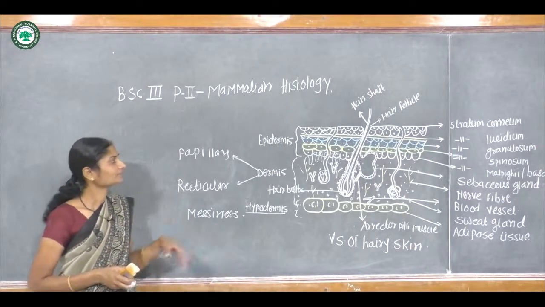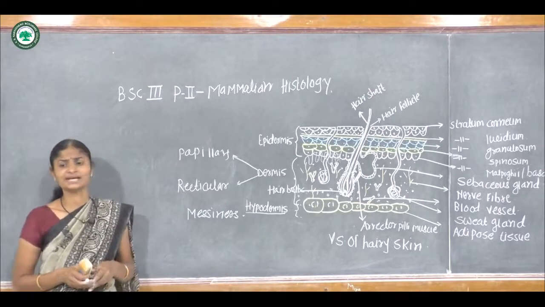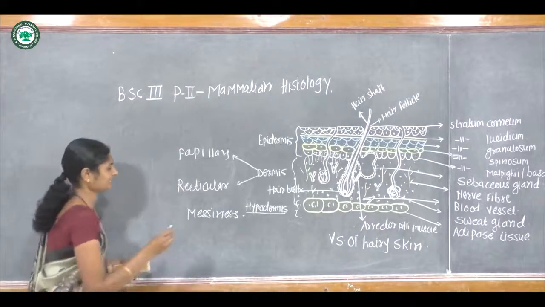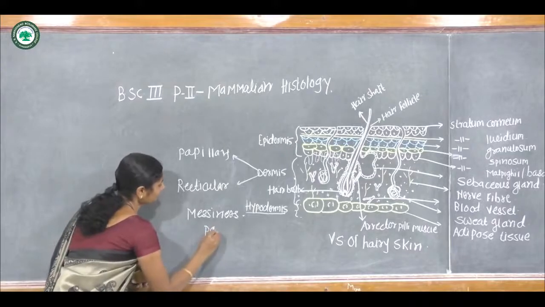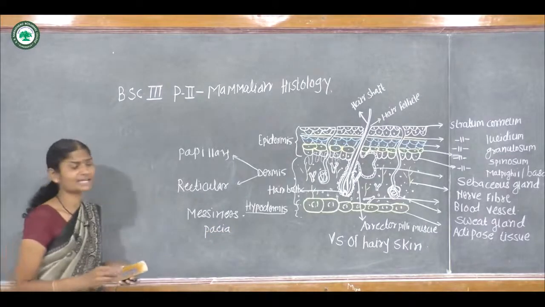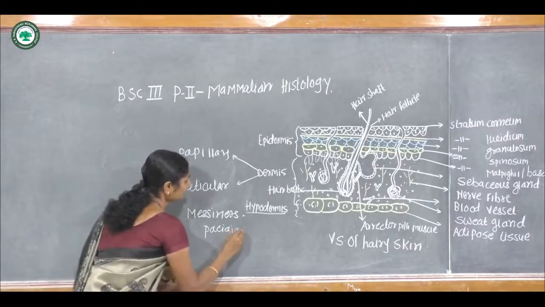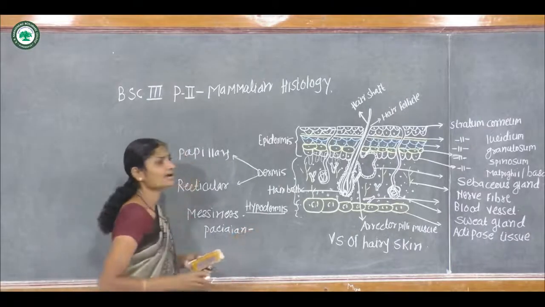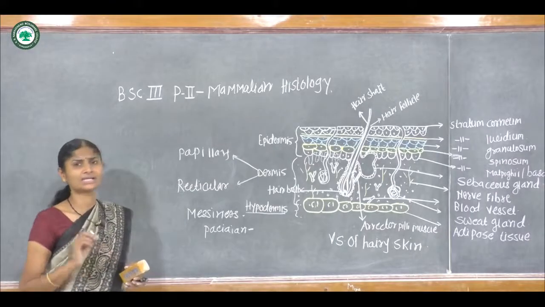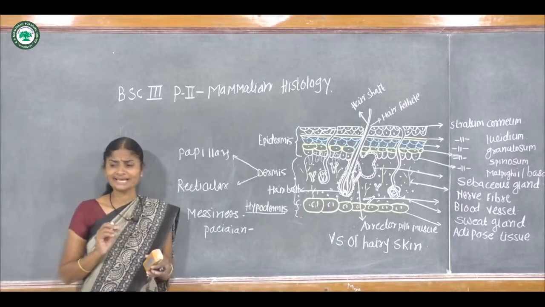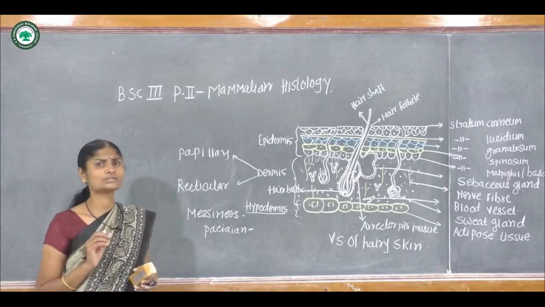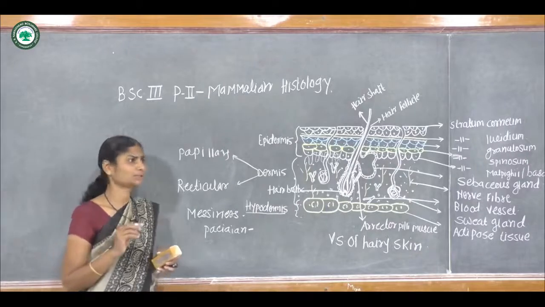Next, the dermis layer also contains Pacinian cells, also called Pacinian corpuscles. This Pacinian corpuscle is minute and egg-like, and this structure shows lamellated connective tissue.